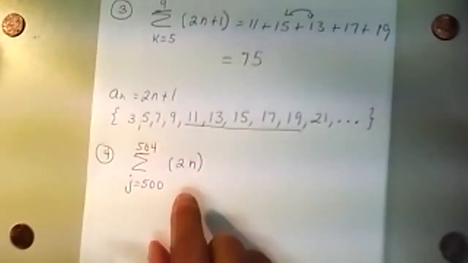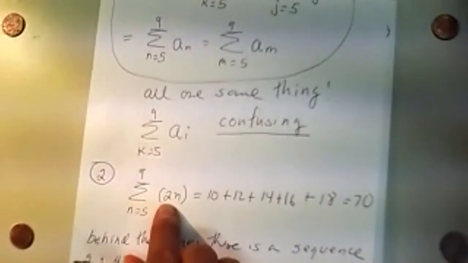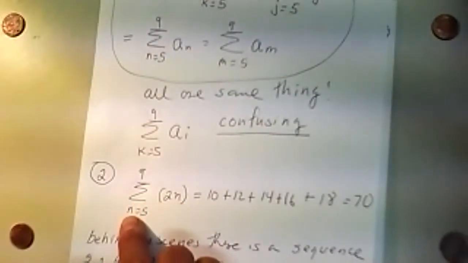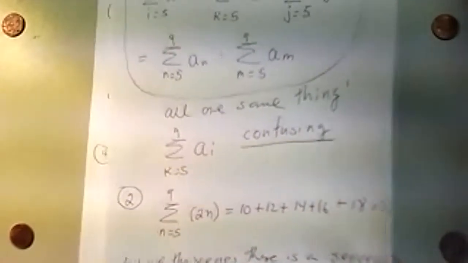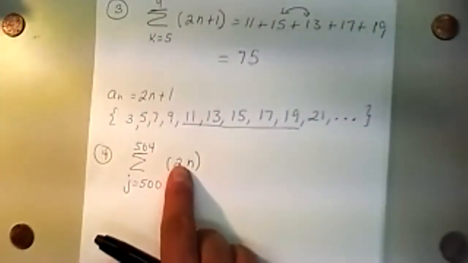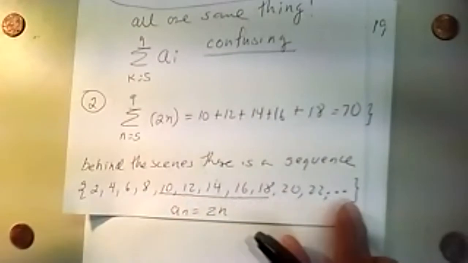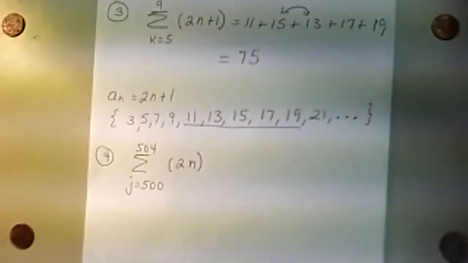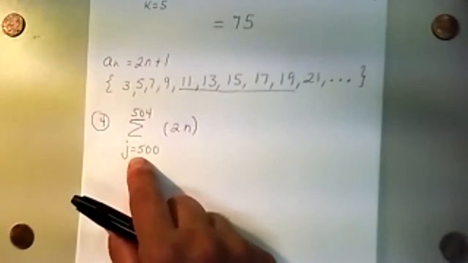This is similar to example number 2. Okay, and we're adding 2n, except that we're starting at a different value, 500. Now there's a sequence, and here's the sequence. The sequence is 2, 4, 6, 8, 10, and so forth. The even numbers starting with 2. But we're going to start with 1,000.